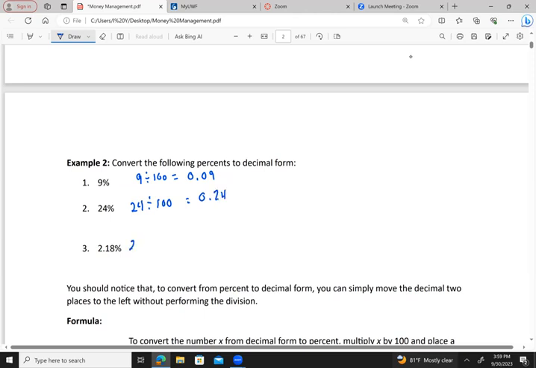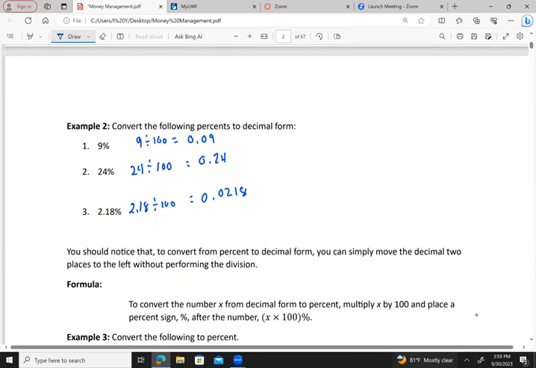And this is 2.18 divided by 100, which is 0.0218. So you may have noticed to convert from percent to decimal form, you can simply move the decimal 2 places to the left. We went from here to here.